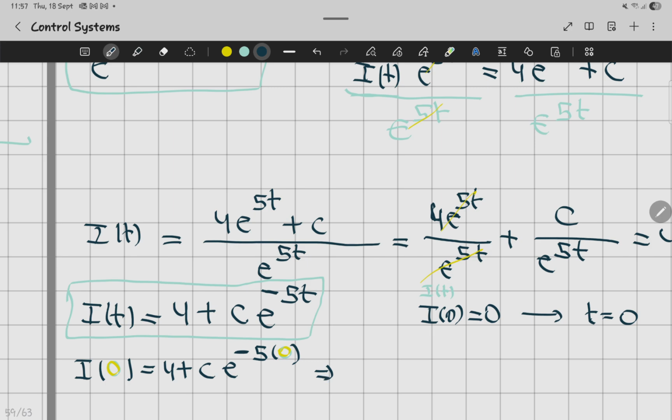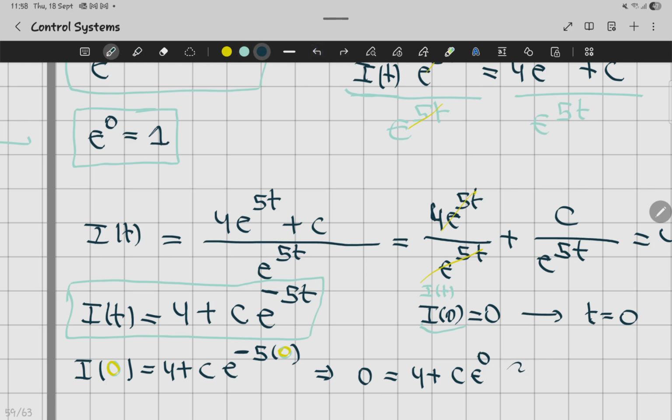Okay, and since we know that all of this will be equal to 0, we can write this equation like this: 0 equal to 4 plus c e to the power of 0, because 0 times negative 5 is going to give us 0. So e, and we know that e to the power of 0 is equal to 1. So there's also this rule, we have another rule for e.